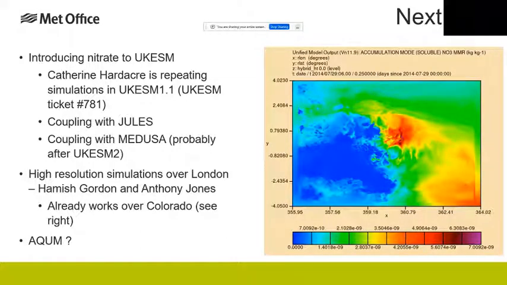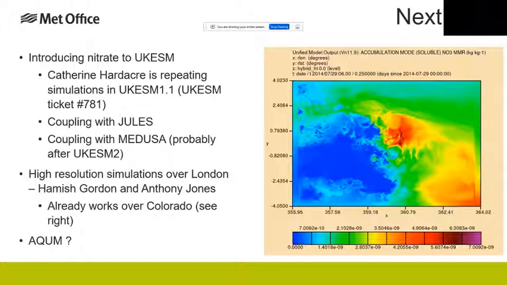In parallel, I'm working on high resolution simulations using this model over London. I'm funded by the Clean Air programme, and I'm working with Hamish Gordon, who's already got this model working over Colorado, which is the figure you see, and you can see some really beautiful features over the populated land regions. There are high ammonium nitrate concentrations near the surface, whereas over the Rockies it disappears entirely as ammonium nitrate dissociates.